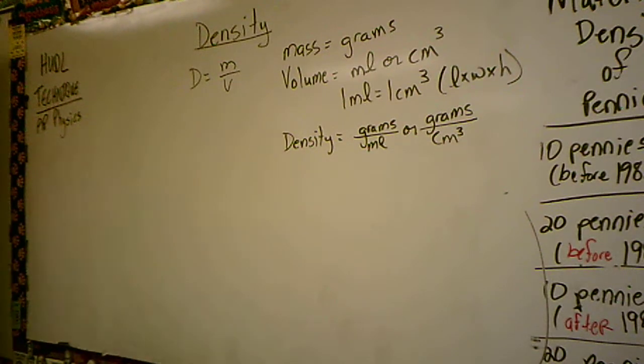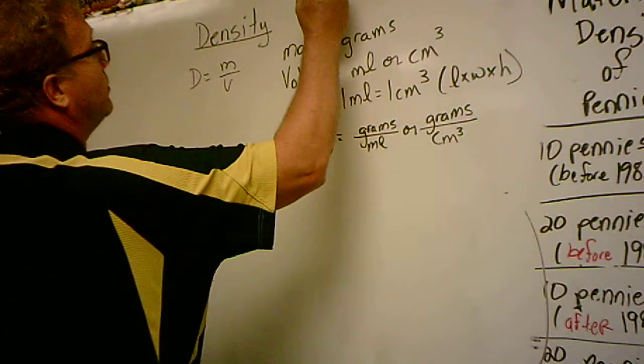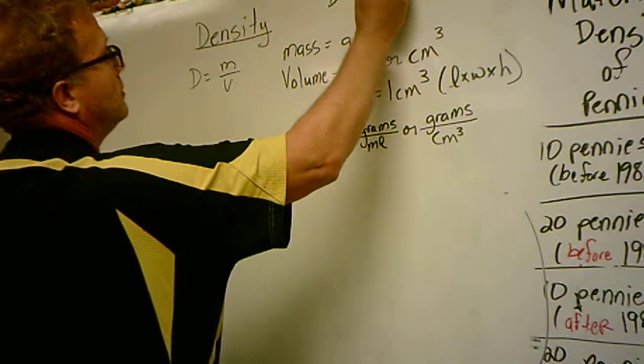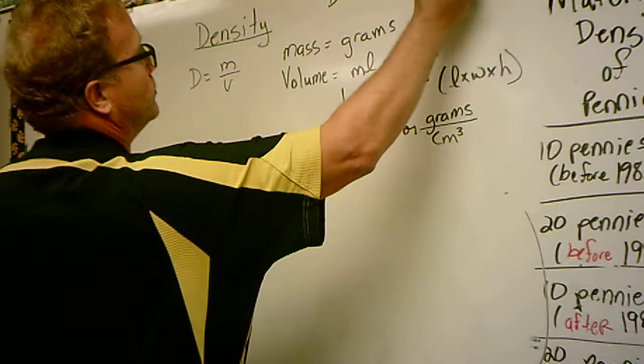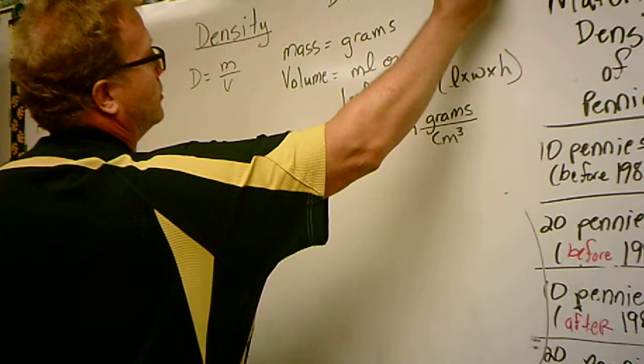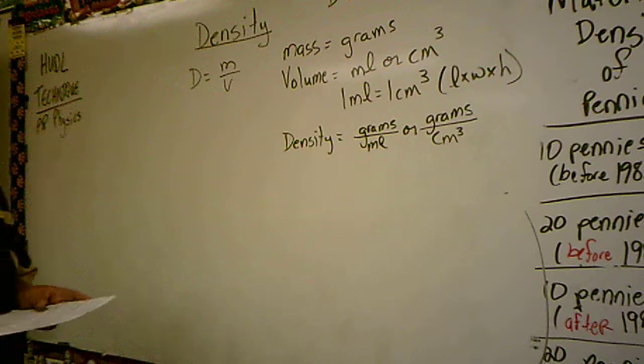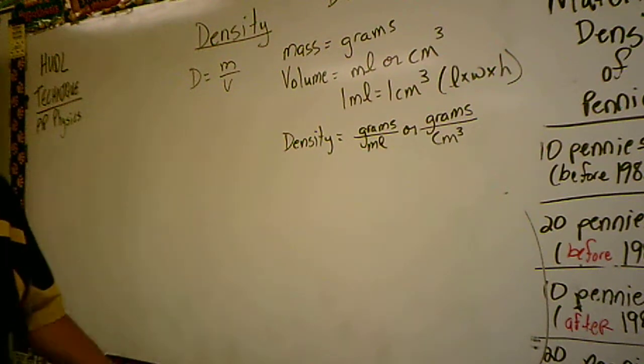So those are the formulas we have to deal with. One little thing we need to remember is that the density of water is equal to 1 gram per milliliter, and we'll stick with that because it is a fluid.